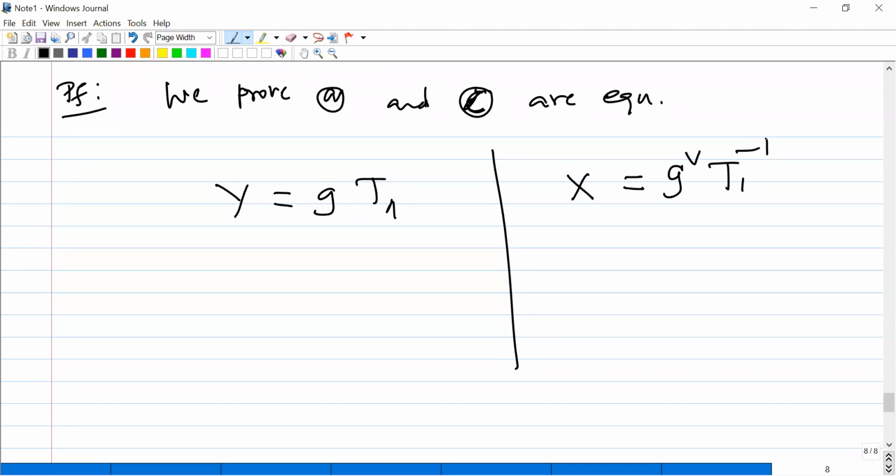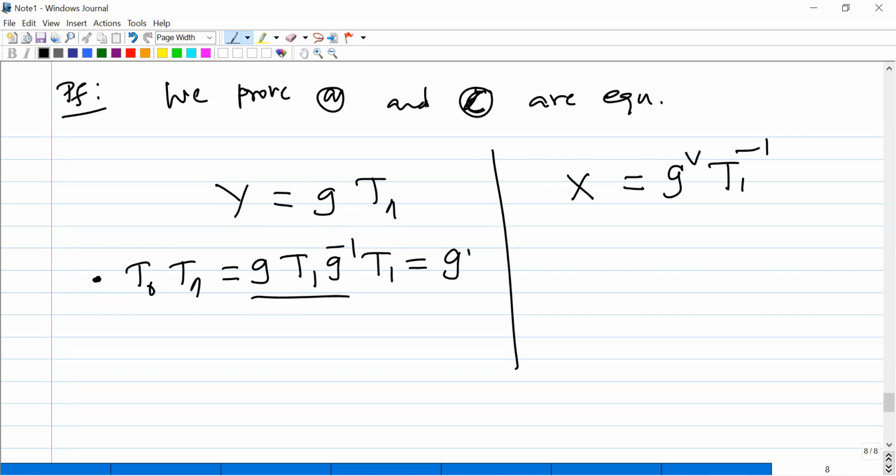Now you observe that once I put Y equal to GT1, then this T naught T1 will be equal to G T1 G inverse T1. I'm replacing T naught by this, which is equal to G T1 square, because G equals G inverse, which is the same as Y square.